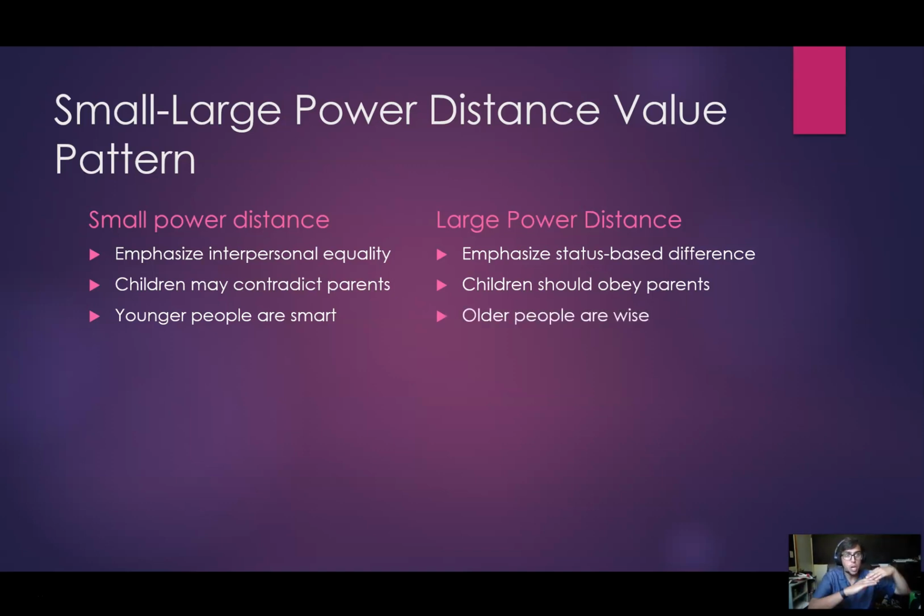It is about looking up and emulating those parents. Teachers ask for feedback in small power distance cultures, whereas in large power distance cultures, teachers lecture. The teacher has more power, the student has less power. Whereas when teachers ask for feedback, the student's feedback is useful and can improve the overall quality of the teaching.